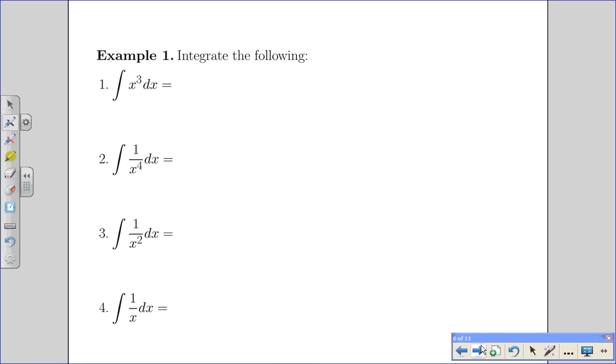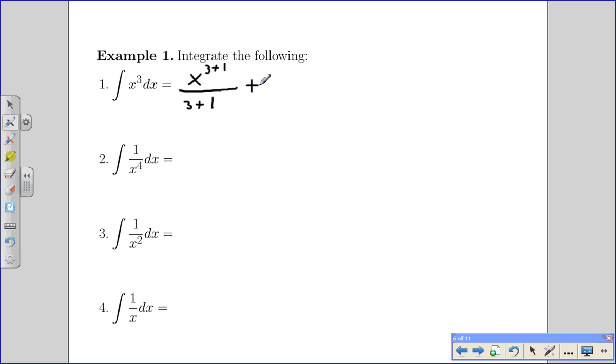So, here we have a few examples. It says to integrate the following. So, for the first one there, what we're going to do is we're going to simply apply the rule. And the power rule for integrals says, if you're going to work backwards, you add 1 to the exponent, so that's 3 plus 1, and then you divide by that, 3 plus 1.